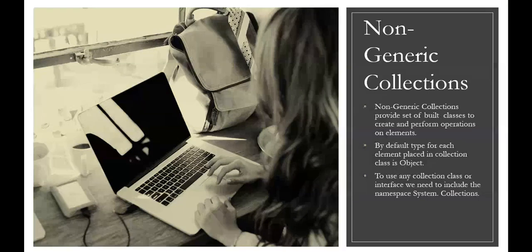To use any collection class or interface, we need to include the namespace System.Collections. This is important. For the Array class, I don't think we need to include any namespace; it is present directly in the System namespace. But if you want to use any class in the non-generic category, you need to include the namespace System.Collections.